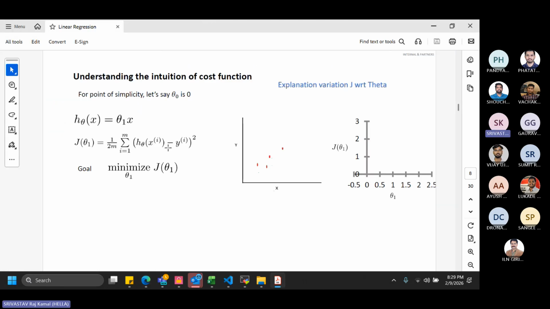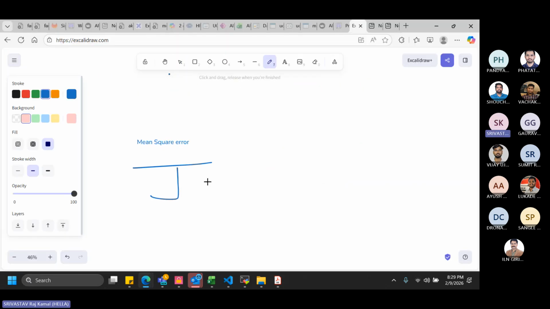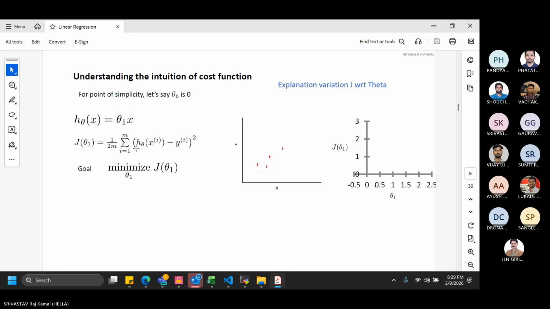This is the function. In this case, we are denoting it as J theta, right? It is a function which takes thetas and gives you this value, which is the mean squared error.